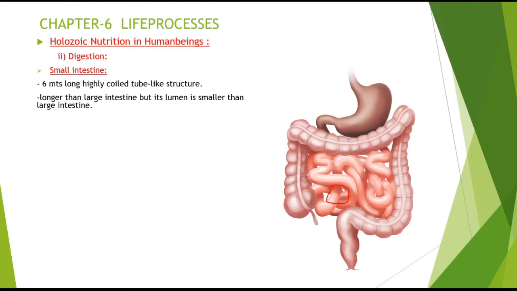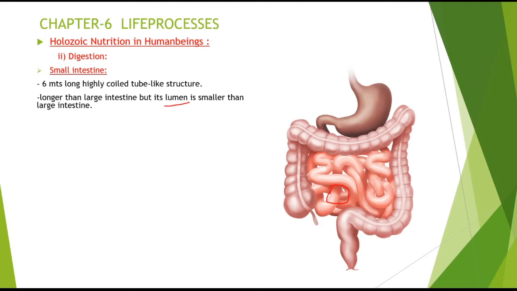But even though it is longer, why are we calling it the small intestine? It is because of the smaller lumen that we are calling this one the small intestine. What is the lumen? It is nothing but the width of the tube, the highly coiled tube.